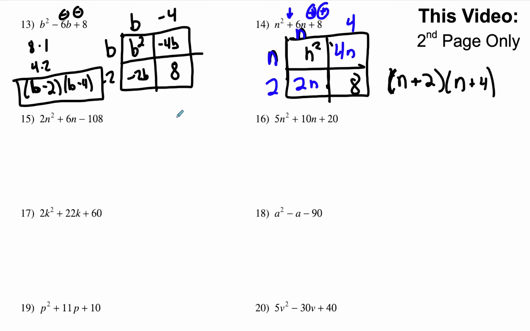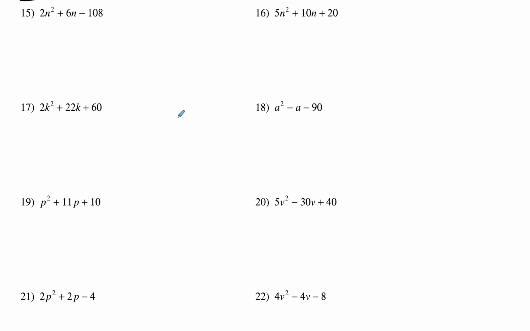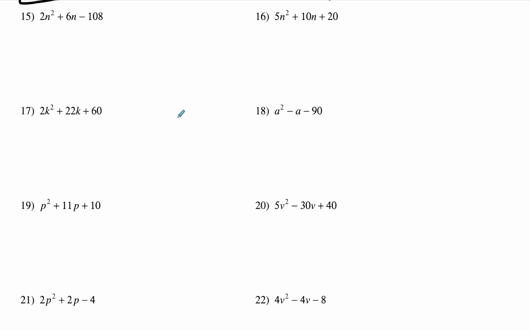Now, 15 and 16 are very special. Actually 15, 16, 17, 20, 21, and 22 are all special in this way. The a values are 2, 5, 2, 5, 2, 4, so the a values are more than 1.